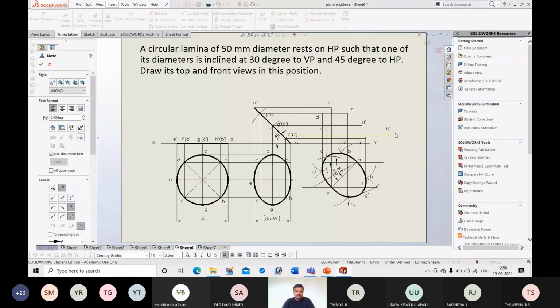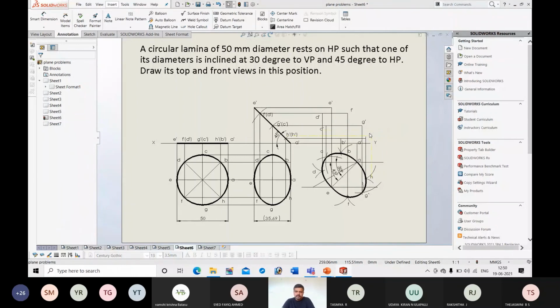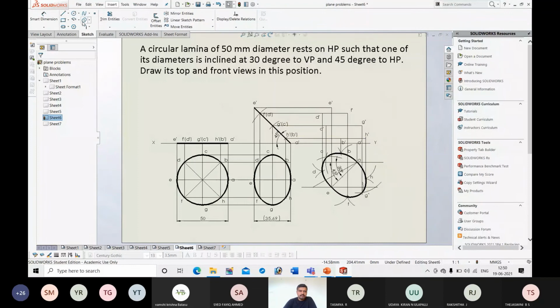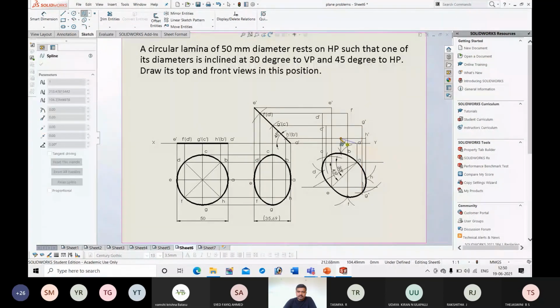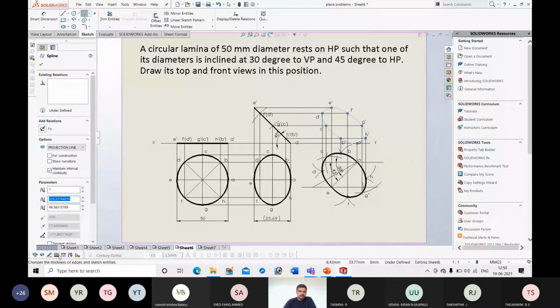I just named all the points. Later, again using freehand, connect the points. Start from A, then move from A to B, then B to C, like that: A to B, B to C, C to D, E, F, G, H, again back to A. Okay, so this is the final front view.